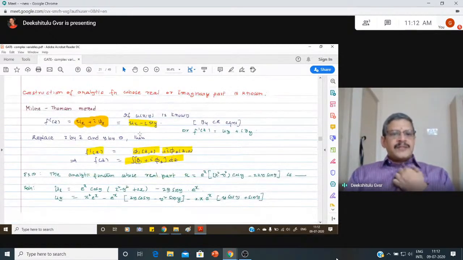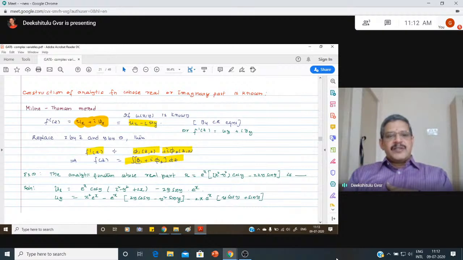You can do that in terms of v also. So once you write this, then replace z by z. This is the Milne-Thomson method. In this f dash z, replace x by z and y by 0. Ux and uy are functions of x, y. In that, replace x by z and y by 0.